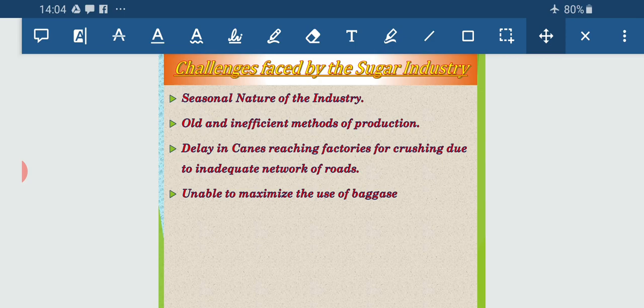Number two, there are some techniques: the leftover bagasse can be used, and alcohol is extracted from this bagasse, and that alcohol is used in pharmaceuticals for preparing medicines. That is the second usage.